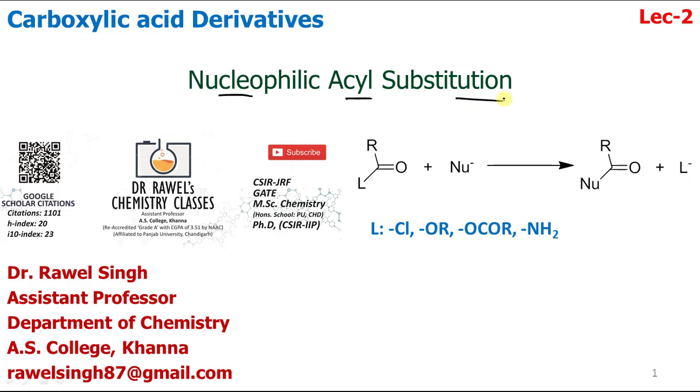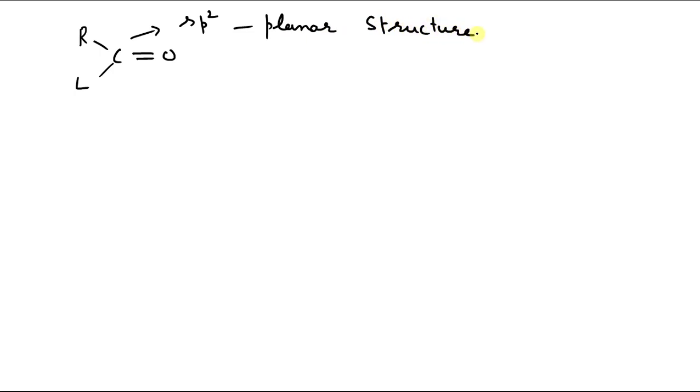So let us discuss. In our previous lecture we discussed that these carboxylic acid derivatives can be represented by a general structure like this, where this carbon is sp2 hybridized and it is a planar structure. All this we have discussed in our previous lecture.